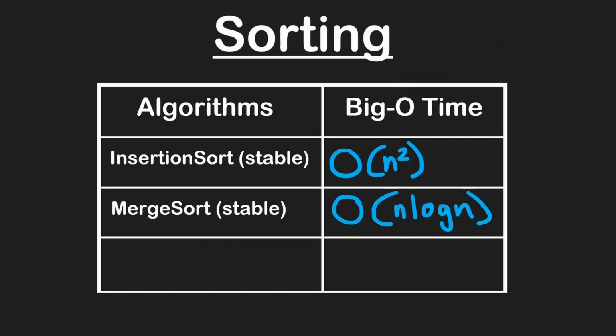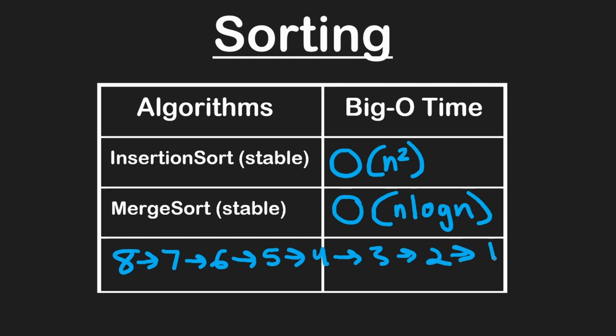Think about it like this. If we had a value like 8 and we wanted to get it down to 1 and we were decrementing it, we would go like 7, 6, and then keep doing that until we got down to 1. That's pretty much big O of n. It's linear. But when you have something like log n, we start at 8. Instead of decrementing, I'm going to divide it by 2. I'm going to go way faster.